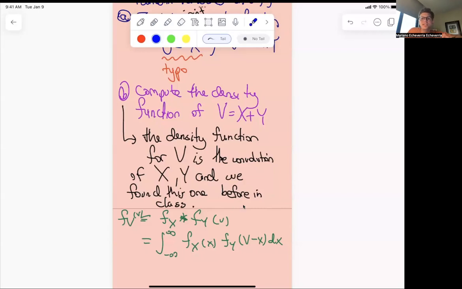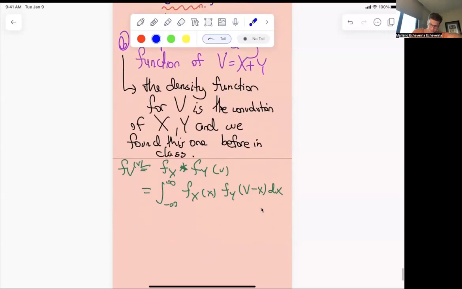What I'll give you is the integral. I won't tell you what it's for, but you just have to remember that that was for the convolution. But I don't mind. I'll give you this formula for the convolution. I'll write it like this, and then you just have to remember that that's what you use to compute the density of a sum of random variables. But that's okay.